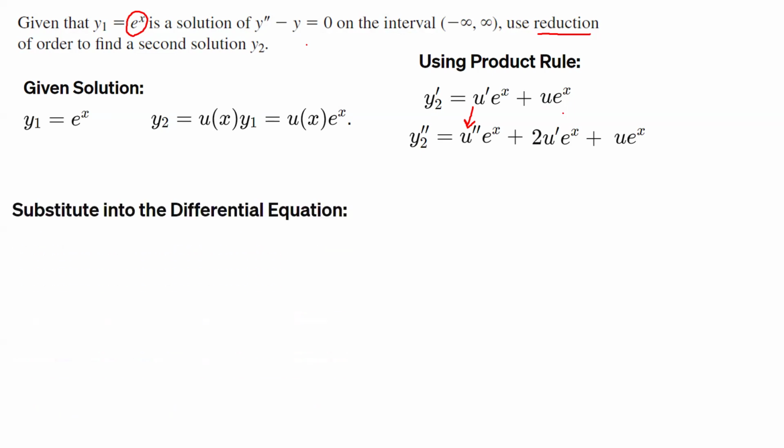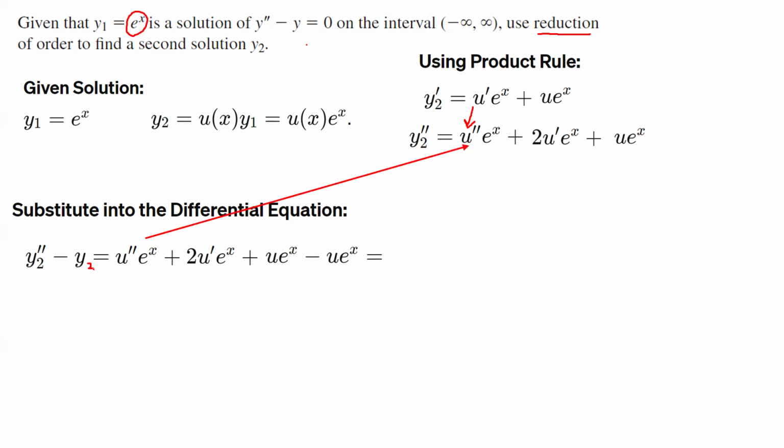Now, substitute everything into the differential equation. The second derivative of y minus y, in this case we are working with y sub 2, so this needs to be specified as y sub 2. We're just taking the derivatives that we found and substituting them over there.